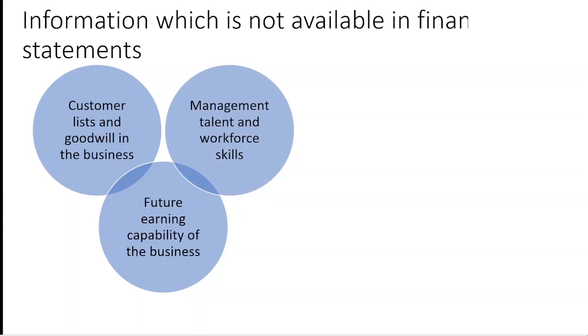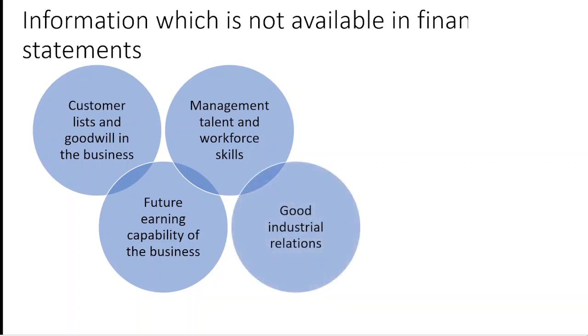Now, management talent and workforce skills are also not available in the financial statements. At the moment, there is no method by which we can evaluate the management talent and the ability of the workforce to carry out certain things. So that information is also not available, and there is no metric to measure that. Good industrial relationships: maybe one company has a much better relationship with the government or with key partners than other companies, and that's why many companies are sold and purchased or acquired based on what they possess.